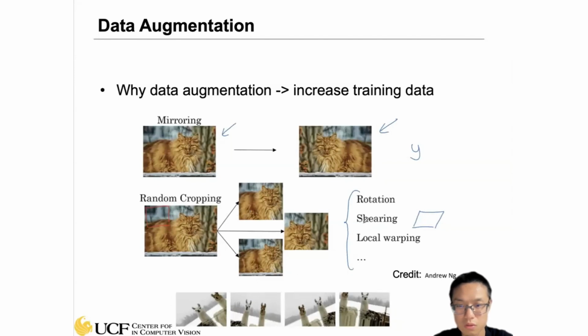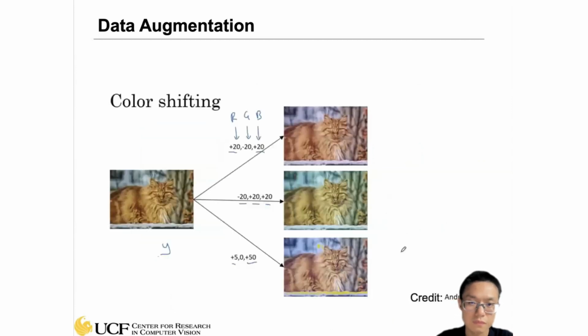And you can also do other image processing steps like rotation, shearing, local warping, etc., right? So you may get an image that looks like this, right? So this is like a rotation and some local warping. So these are the common techniques you can use to increase the data and do data augmentation.